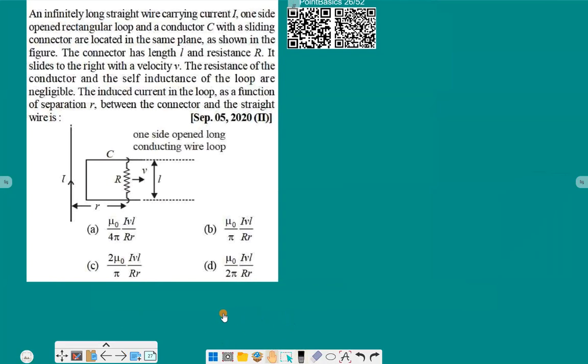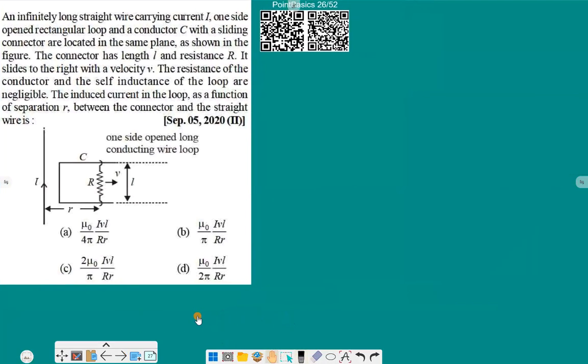So slide it down slightly. Here we have an infinitely long straight wire carrying current I, and a rectangular open loop with a conductor C with sliding connector are located in the same plane as shown in the figure. The connector has a length L and resistance R. It slides to the right with velocity v.